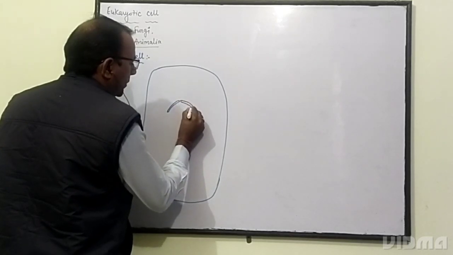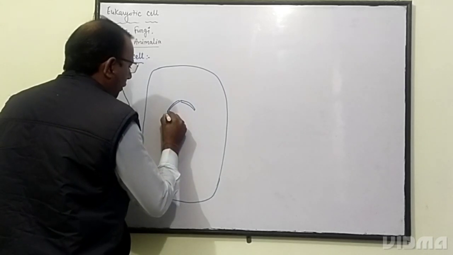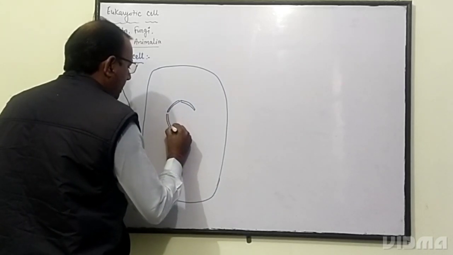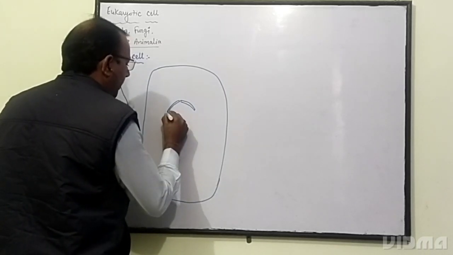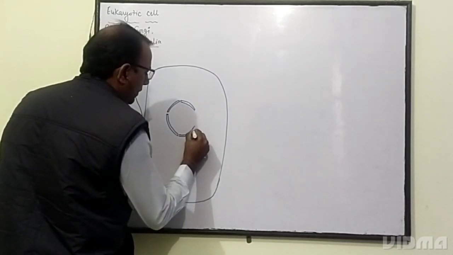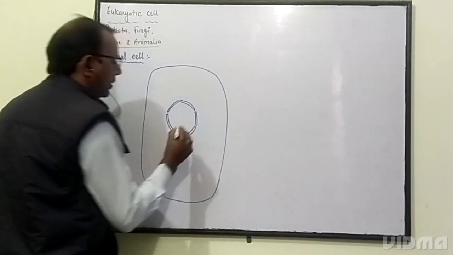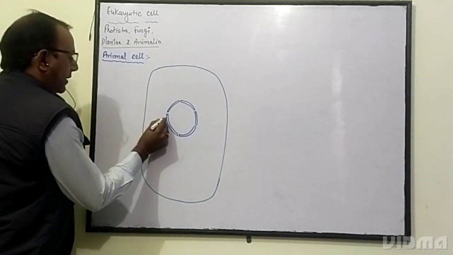Double membrane means the nucleus is a double membrane layer organelle. This is the nucleus membrane.